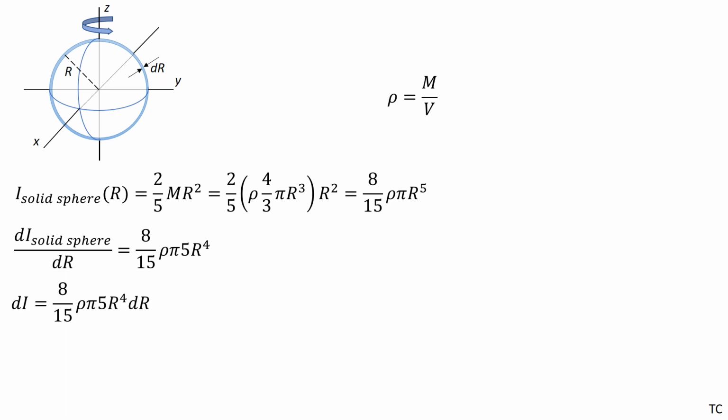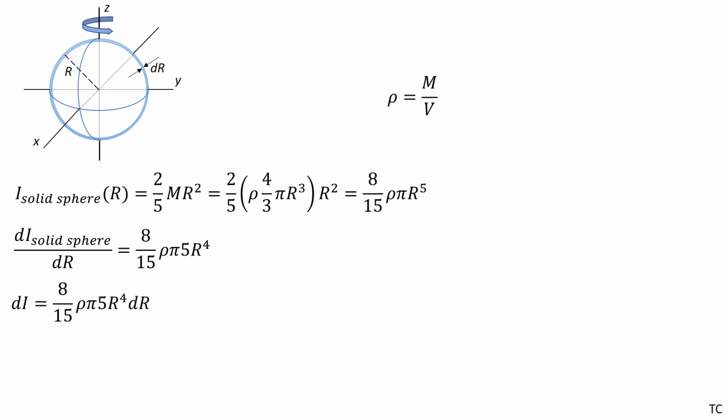So you can move the dr in the denominator to the other side of the equation and write dI is equal to 8/15 rho pi 5 r to the 4th dr. And this relates the little bit of moment of inertia gained when you also gain a little bit of thickness dr. And what this dI actually is, is the moment of inertia gained when you add a little shell.